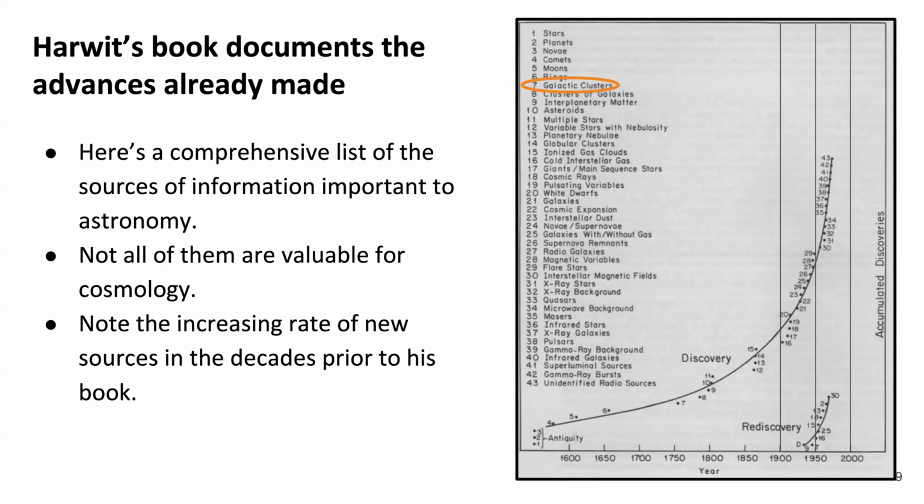Is there something special about the galaxies that enter into a cluster arrangement? Or do they evolve differently because they're in a cluster than they might have evolved if they were in isolation? So there's questions about that.